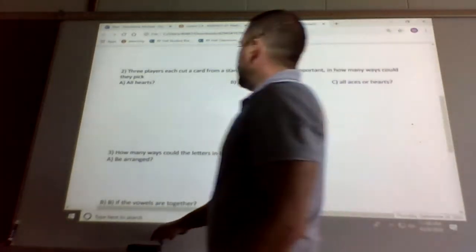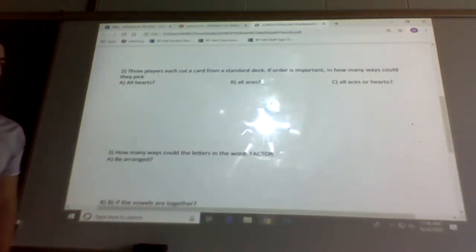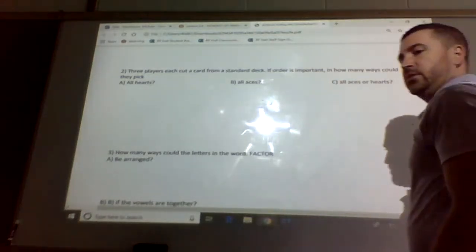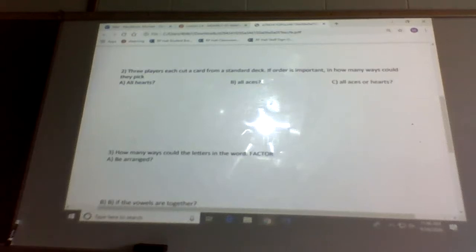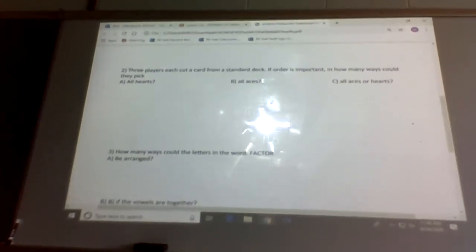Okay, number 2. Pay attention to these ones because you're going to see these a lot. 3 players each cut a card from a standard deck. If order is important, which is this whole chapter, in how many ways could they pick all hearts?